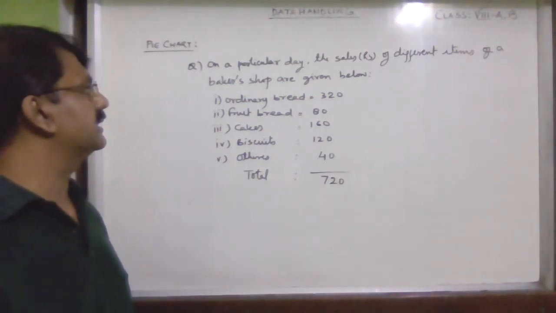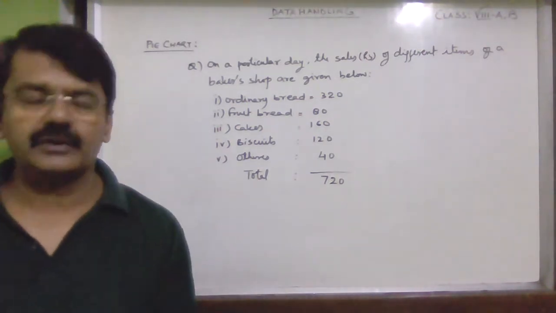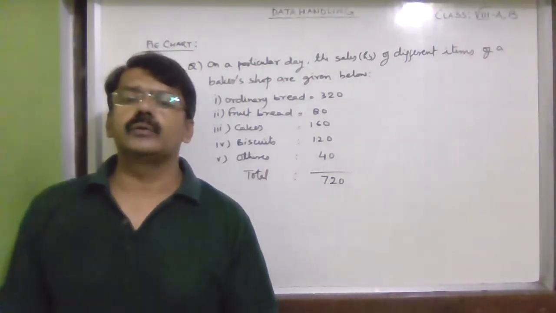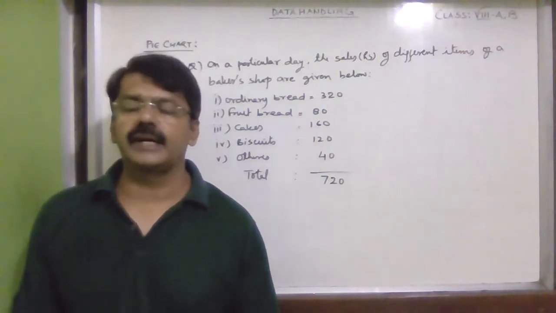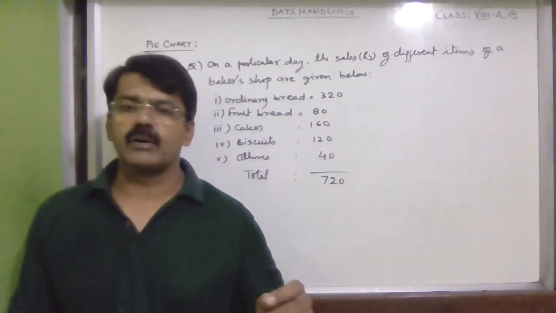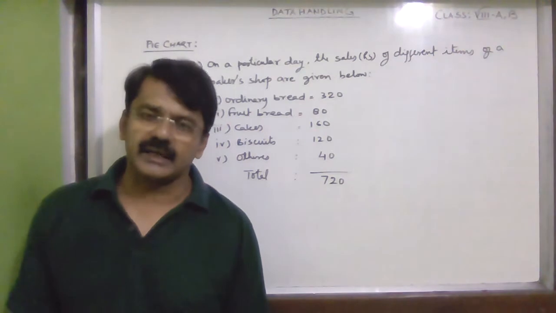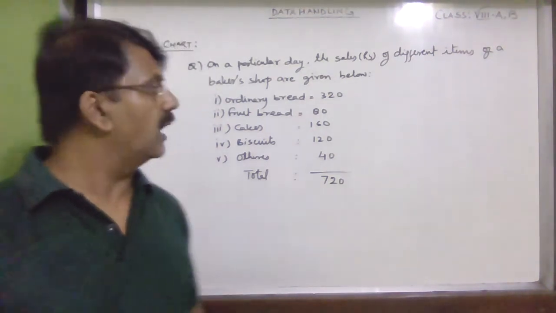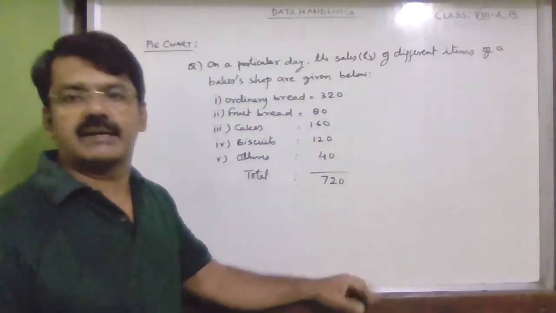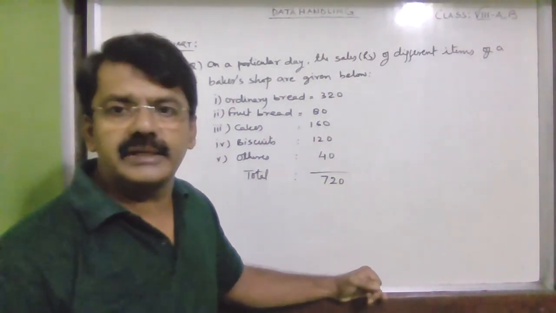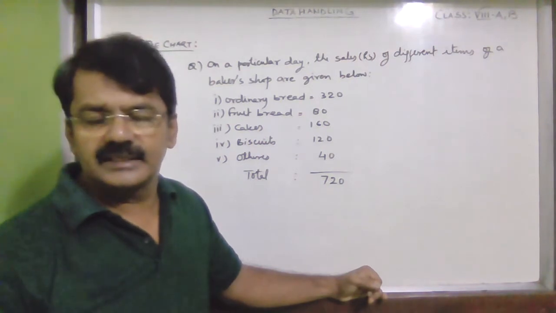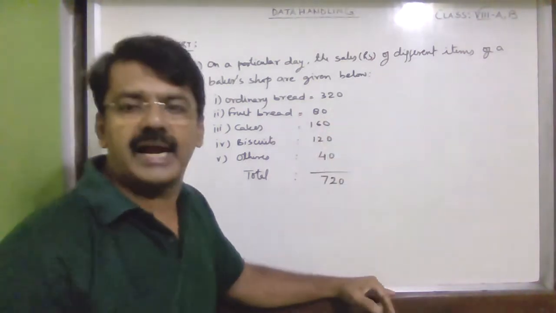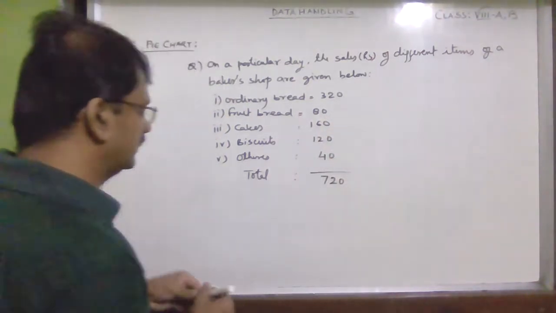Now we will calculate the central angle for all these things. To find the central angle, all of you know that in a circle about the center, the total angle is 360 degrees. And here the total is 720. So 720 is equivalent to 360 degrees. Then what would be the angle for 320?